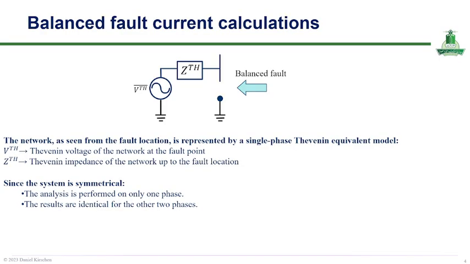All right. In this slide, I want to explain how a balanced three-phase fault can be analyzed using a simplified equivalent circuit. From the fault location, the entire network is represented by a single-phase Thevenin equivalent consisting of the Thevenin voltage, which we can represent with V Thevenin, which represents the system voltage at the fault point, and the Thevenin impedance Z Thevenin, which represents the total network impedance up to that point.